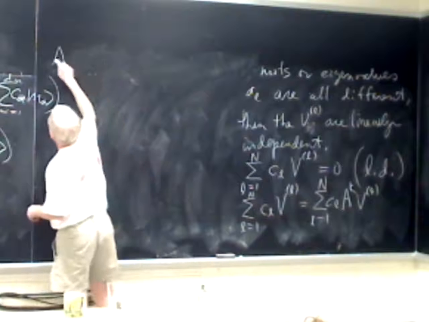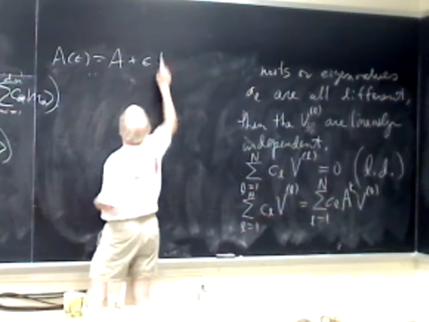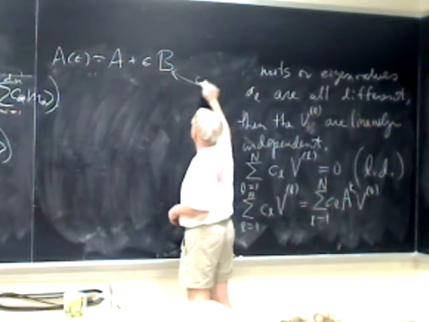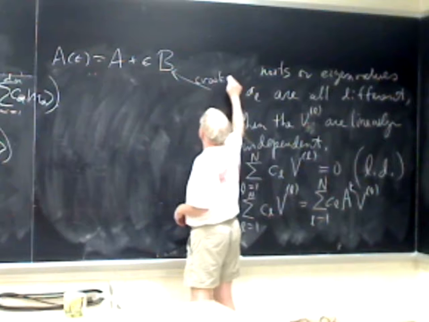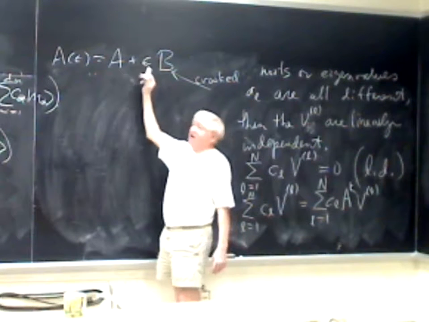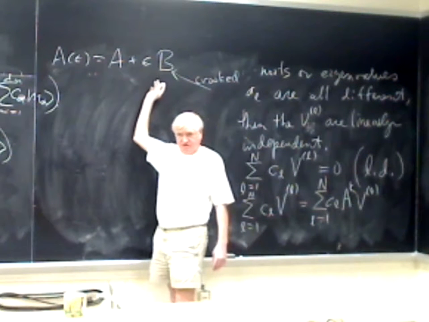And then you define A(ε) as being A plus εB. So B is this crooked operator. I should have used the C, I guess. Epsilon is a tiny real number. So this is still Hermitian.